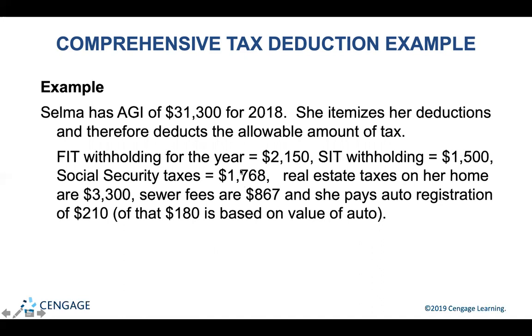Real estate taxes on her home are $3,300. Sewer fees are $867, and she pays an auto registration of $210. Of that $210, $180 is based on the value of the automobile. So, how much is she allowed to deduct as her tax deduction for the year?